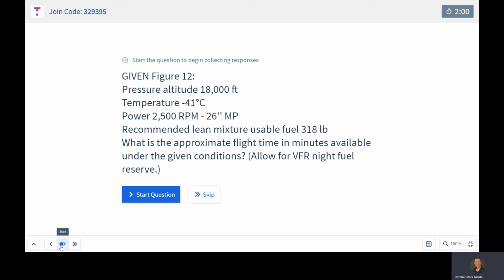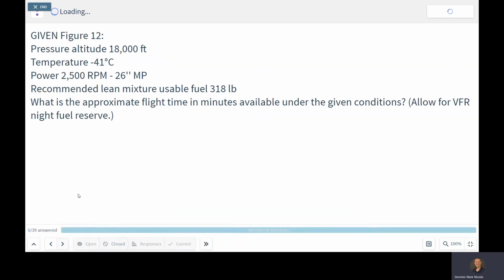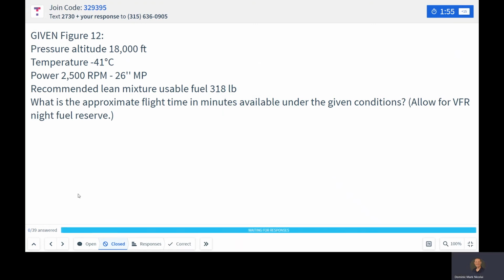In this one, you are going to find your endurance, but allow for VFR night fuel reserve. You've got 2 minutes here. Notice your temperature. You're non-standard on your temperature. It's okay, they give you a column for it. Find your fuel flow in pounds per hour. Find total endurance. Then subtract off your night reserve.